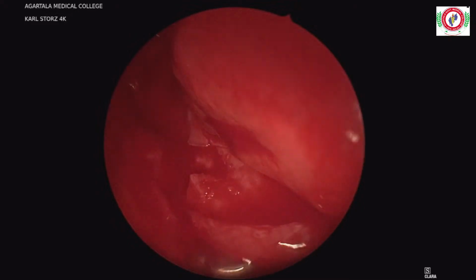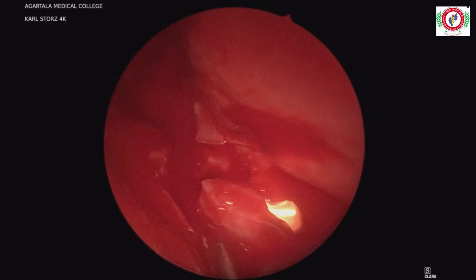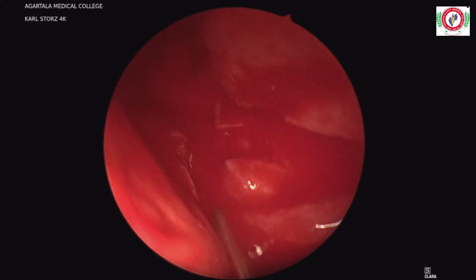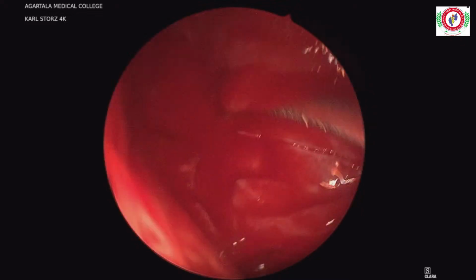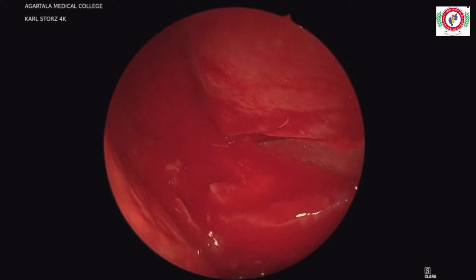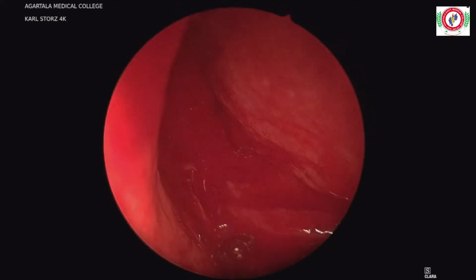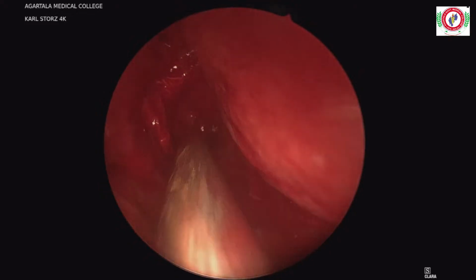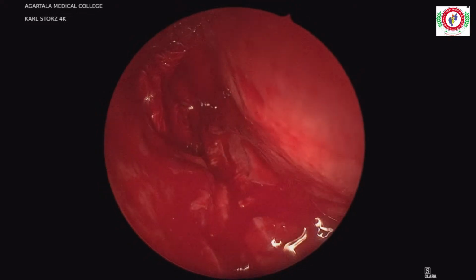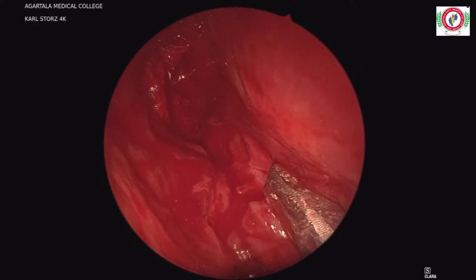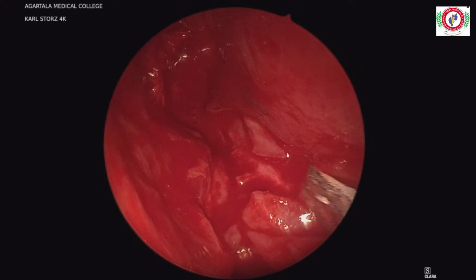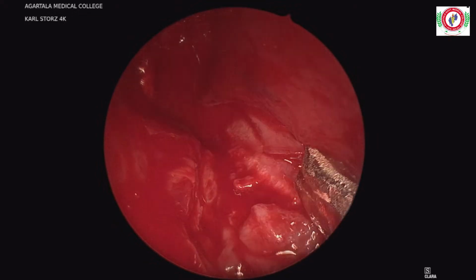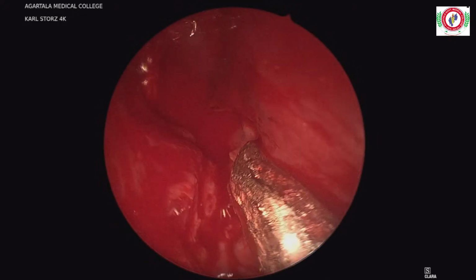Elevator, just keep suctioning. Yeah, so that is a spur that is causing problems, so I'll try to remove this. So till that time maybe we have a normal hypotensive BP. Yeah, maybe suction elevator, yes.